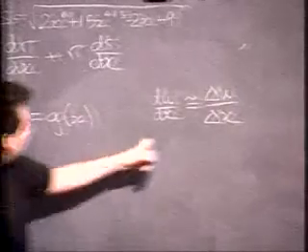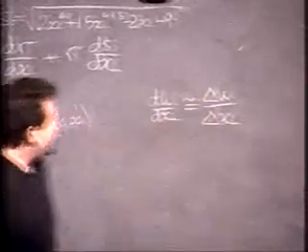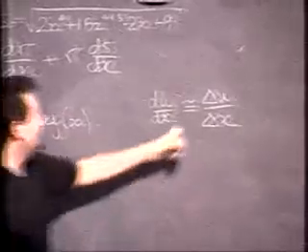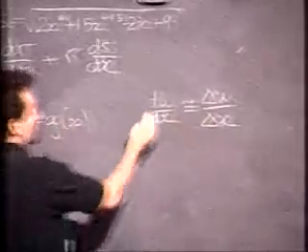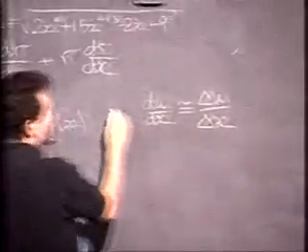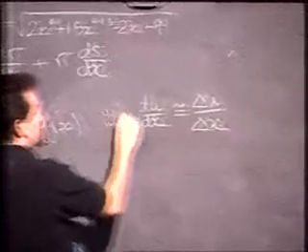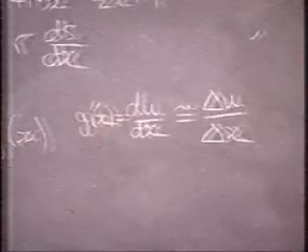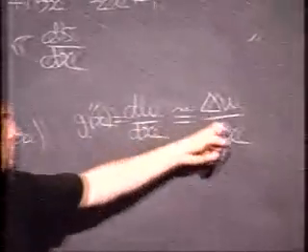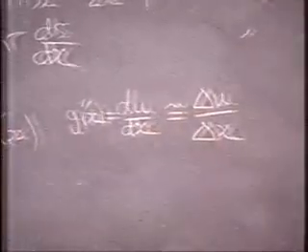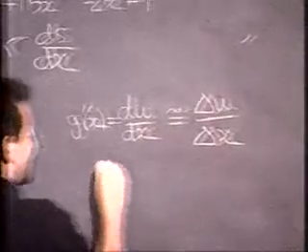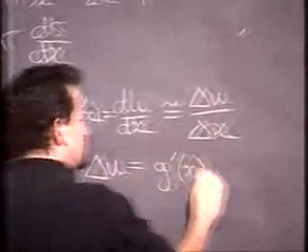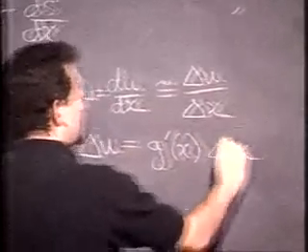So if I change x a little bit, I actually change u by approximately this ratio times the change in x. This, of course, is g prime of x. g prime of x is du/dx, and that's approximately equal to delta u over delta x. So if I rearrange this, delta u is approximately g prime of x times delta x.